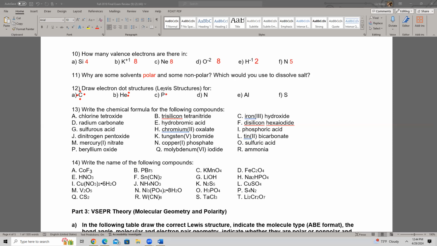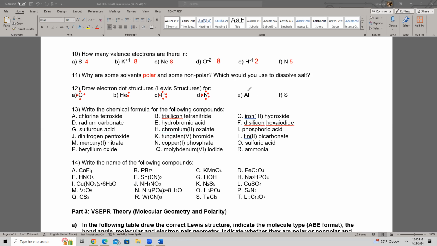Phosphorus is in group 5, so we go around. Remember, this is 1 on each side, and then we double. So that's a double. It's supposed to be a double. That looks terrible. Let me try it a little bit better. There we go. That's better. Nitrogen, the same. It's in the same group. So it's 5. 1, 2, 3, 4, and 5.